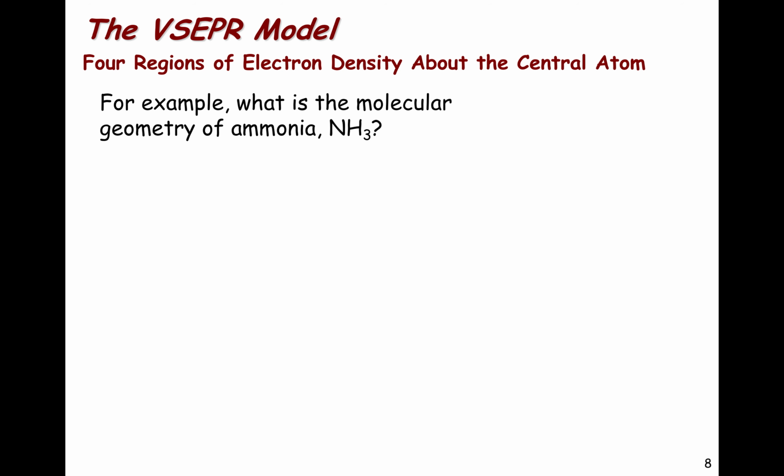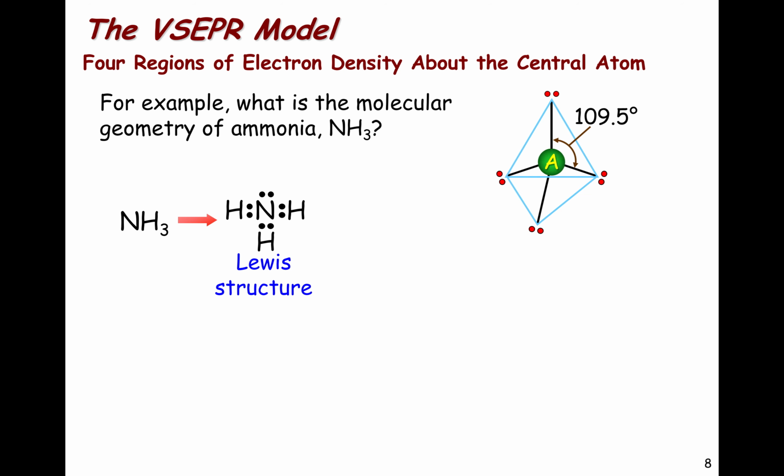As an example of another situation involving 4 electron regions, we can look at something like ammonia, NH3. NH3 has a Lewis dot structure as shown here, where we have 3 bonds between the nitrogen and the 3 hydrogens, but also the nitrogen has a lone pair.